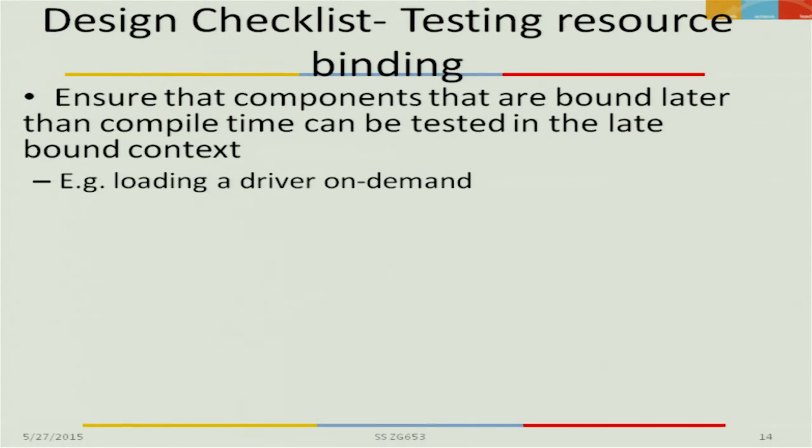Then you should be able to test it, and during testing you should make sure that this scenario of loading a driver on demand is present, and you test the rest of the system assuming that the driver will be loaded on demand. In the testing environment, you should definitely make sure that on demand loading is there.